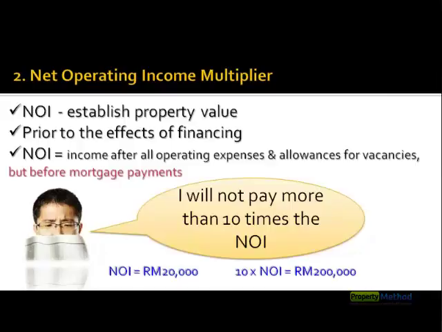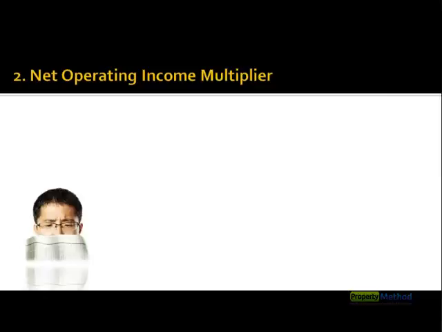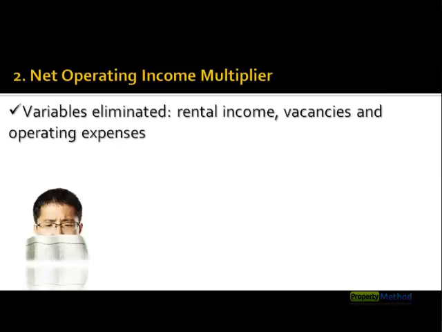So we can get a more accurate estimation if we are able to get more accurate information like the expenses, allowances for vacancies, and operating expenses like maintenance, all factored in. Then we are able to get the net operating income instead of just the rental as the annual income for the property.